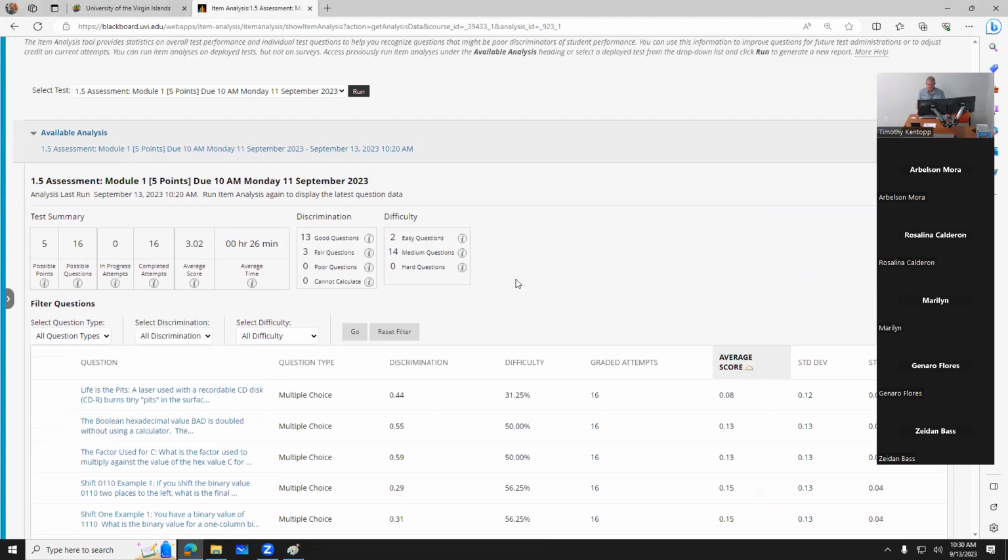We're ready to begin. What you see is the item analysis of our 1.5 assessment in Module 1. What I'd like to do is spend a little quality time to explain what some of these details mean. Then we'll walk through the items on the assessment that pose the greatest challenge for students in their first attempt of the Module 1 assessment.